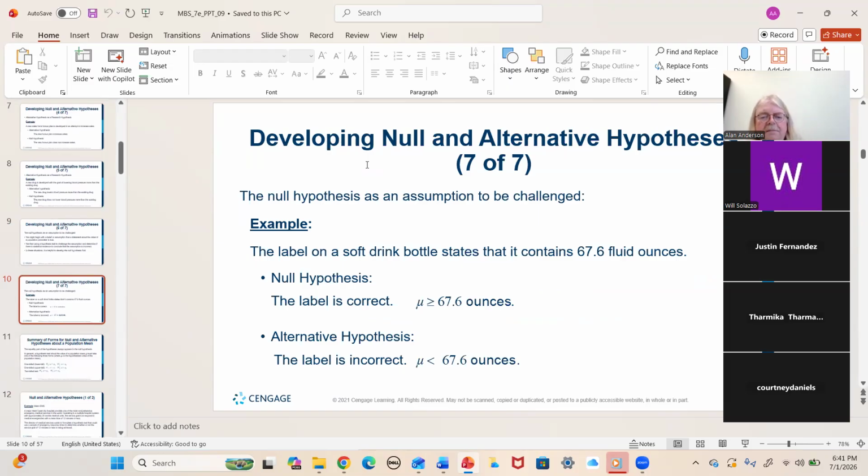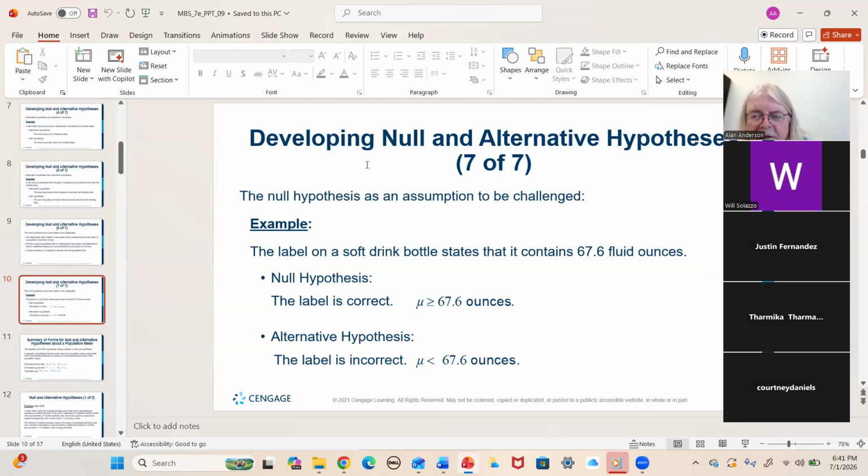Now, here's one. Suppose that we are concerned that, let's say this is Coca-Cola and they're selling bottles of soda, 67.6 fluid ounces, which is, I guess, about 2 liters. And yeah, that sounds about right.